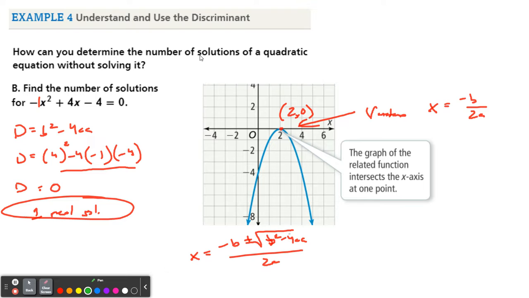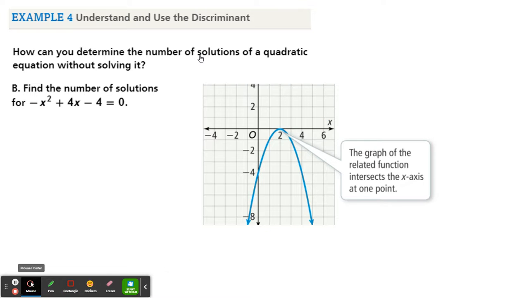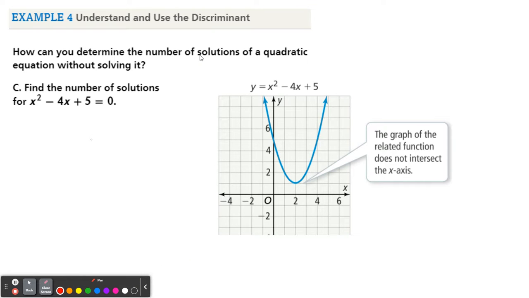If this part equals 0, then it's gone, and look what you're left with: opposite of b over 2a. Man, all of the connections! Your solution is the vertex, which is the only x-intercept for this graph. Amazing, right? Crazy connections. That's why I love math. It's all connected.